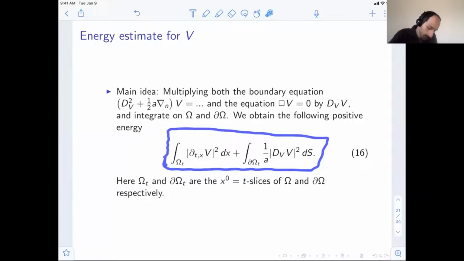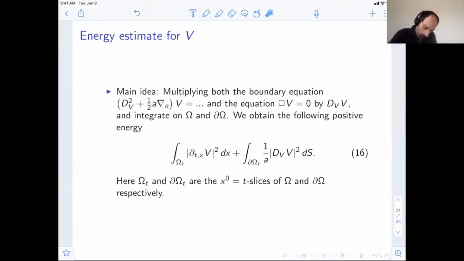One derivative of v inside is like the usual wave energy, plus on the boundary we're able to control one material derivative of v. Again, this a being positive is the sign condition, which guarantees that this term agrees in sign with the other term, right? But here, when I put a little t, I'm restricting to the x0 equals t constant slices. That's the kind of energy that one obtains.